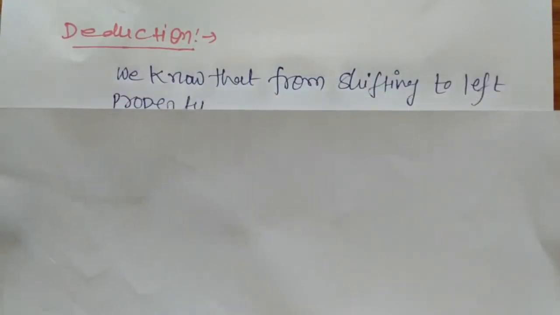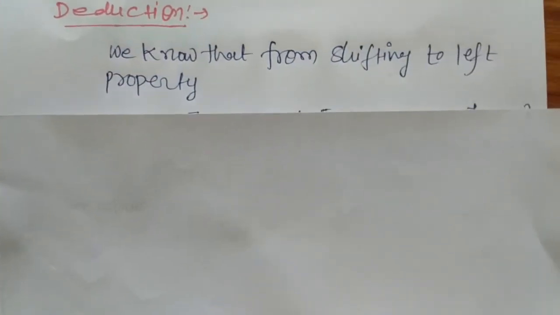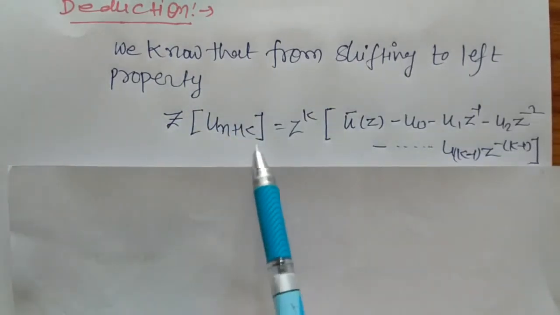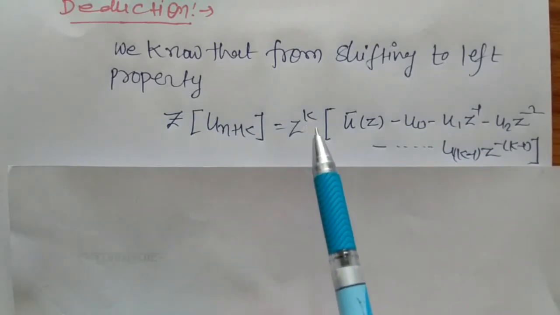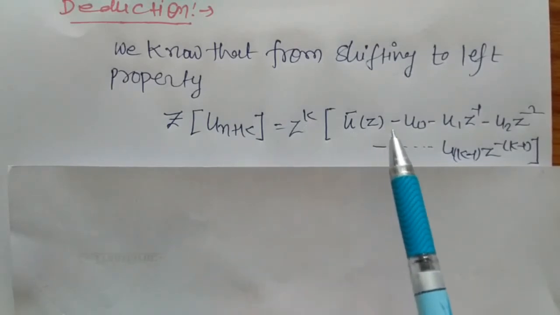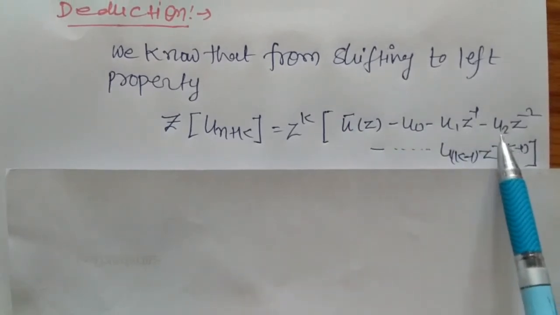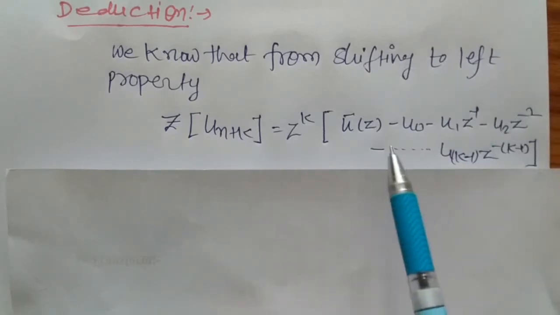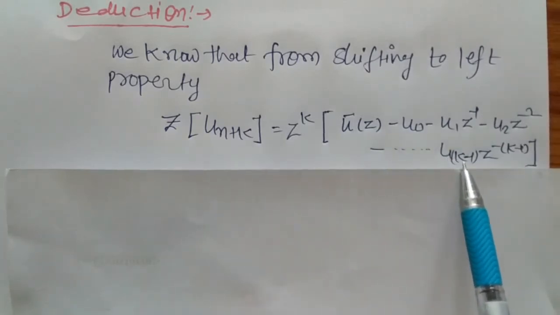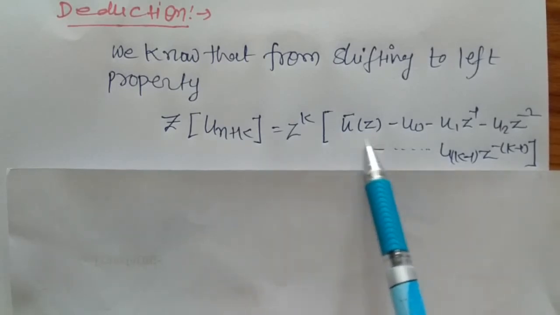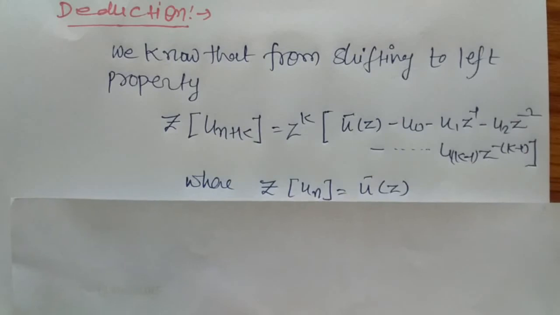From shifting to left property we know that z transform of the sequence u(n+k) is z^k multiplied by u bar z minus u0 minus u1 z^(-1) minus u2 z^(-2) minus and so on up to u(k-1) z^(-(k-1)), where u bar z is z transform of the sequence u_n.